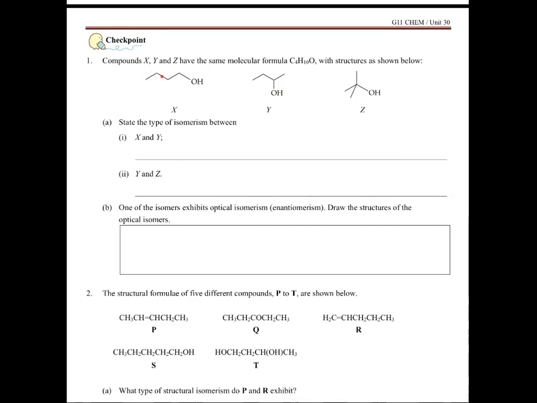The longest chain for X is 1, 2, 3, 4, and for Y 1, 2, 3, 4. So it's not chain isomer, but the position of the OH group is different. For the first one, it's attached at the end of the longest carbon chain. The second one is in the middle of the carbon chain. So we describe X and Y as position isomers.